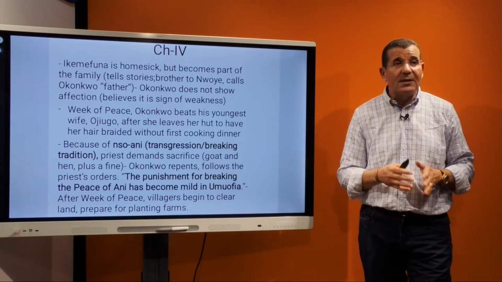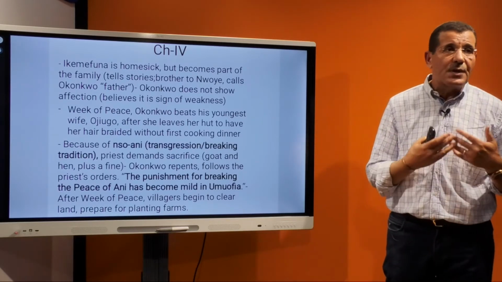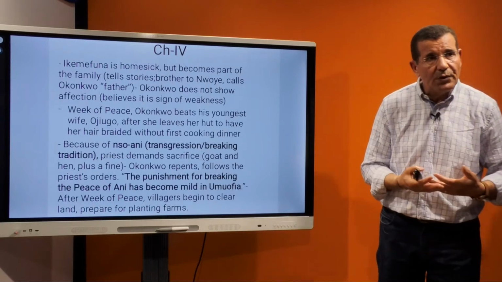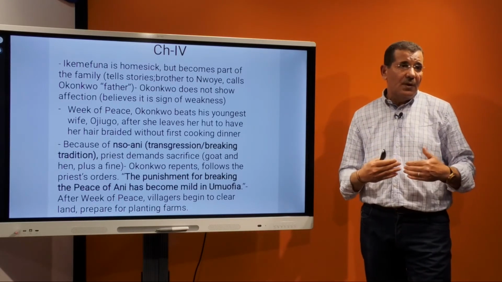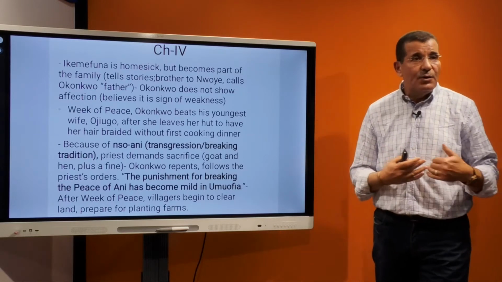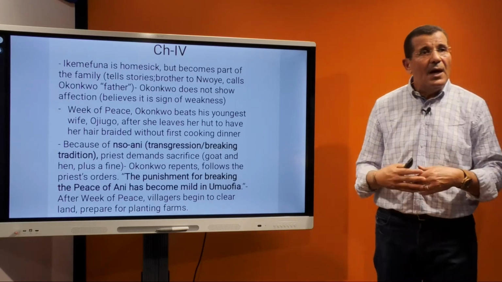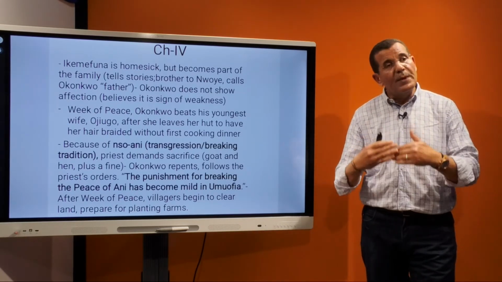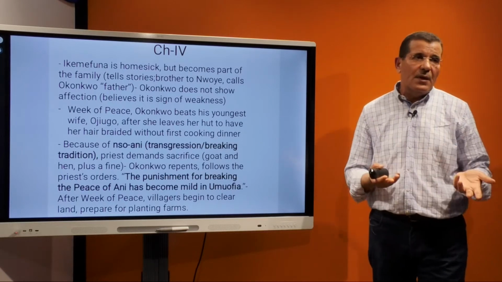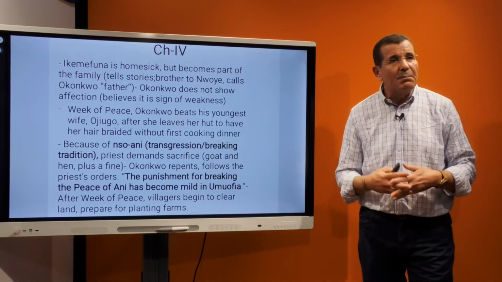And doing that, he is to be attacked, because in the week of peace he should not transgress or break the tradition, and he has to be penalized. The priest demands a sacrifice, a goat or hen plus a fine, and Okonkwo repents and follows the priest's orders. He has to obey orders, and the punishment for breaking the peace of Ani has become mild in Umuofia.